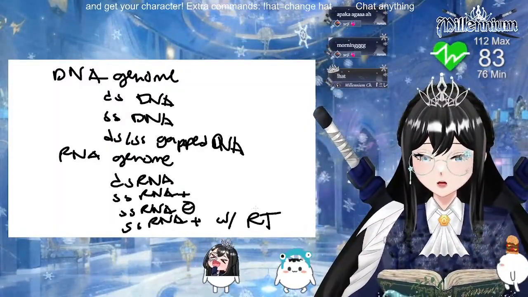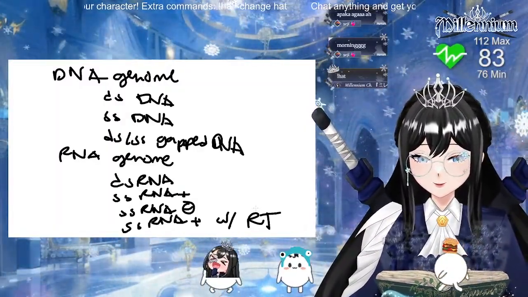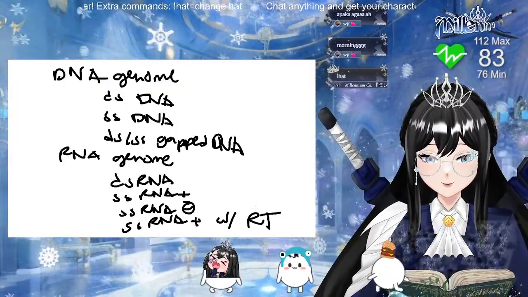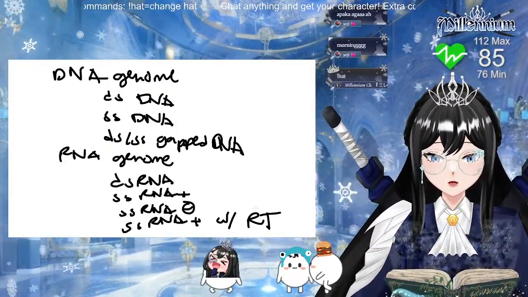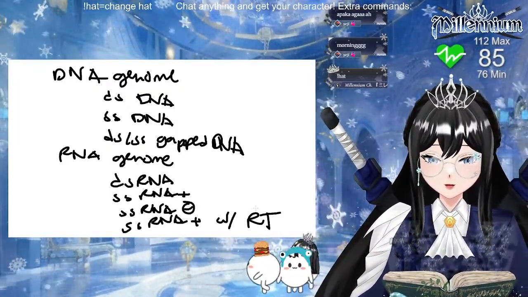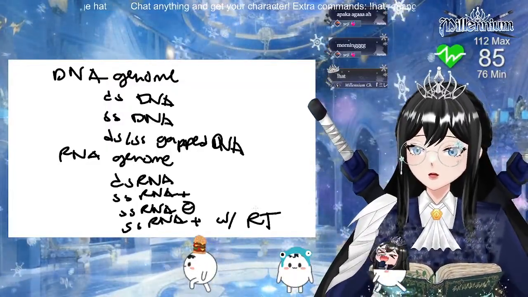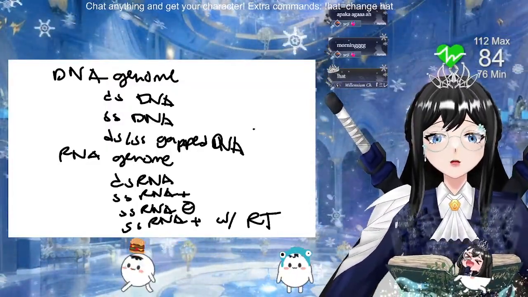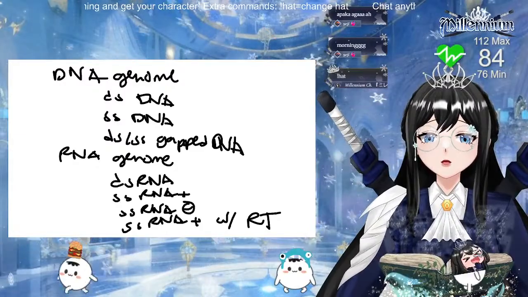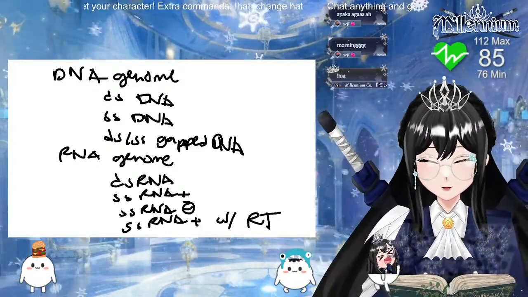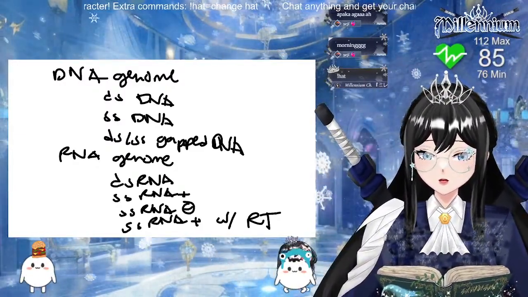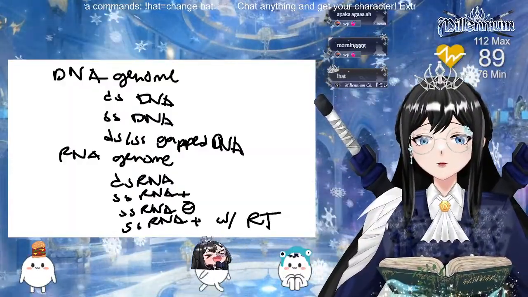Different genes: you have E1B, E2, E3. Late transcription requires viral DNA replication. And then you also have some different drug studies.